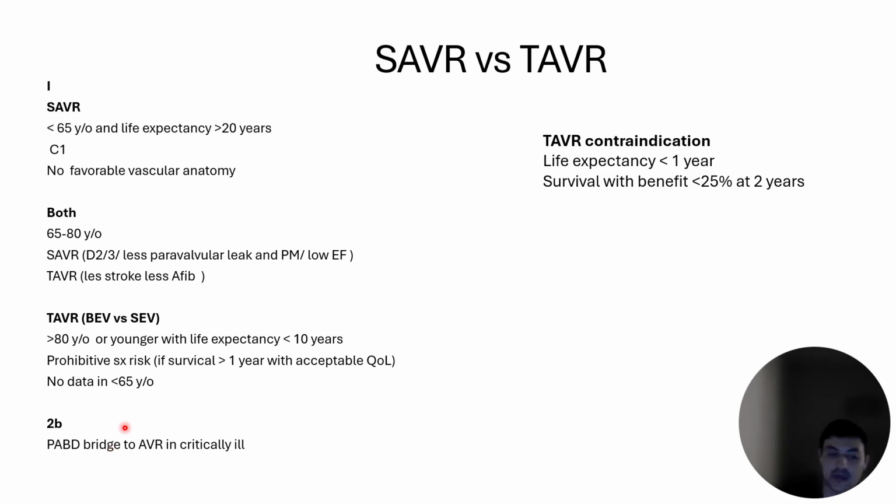So when you use PAVD, which is a balloon, when the patient is hospitalized, as a bridge to aortic valve replacement in a critically ill patient, you can use a balloon valvuloplasty. You open up the narrowing of the aortic valve. Usually you see that when the patient is critically ill.